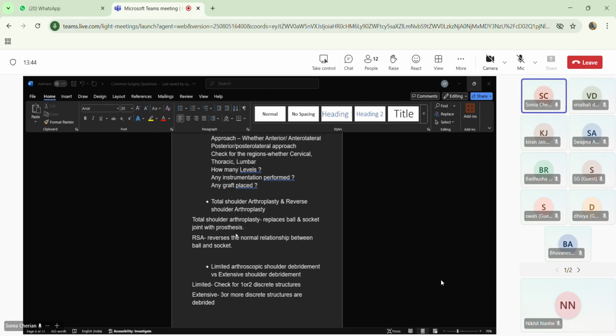That is the higher dollar procedure. So you will be coding rotator cuff repair. But I'm asking here, along with the rotator cuff, they are doing a debridement, right? Two structures they are debriding: one is the superior part of the rotator cuff and the other is the under surface of the glenohumeral joint. If this is the scenario, will you call it limited or extensive?